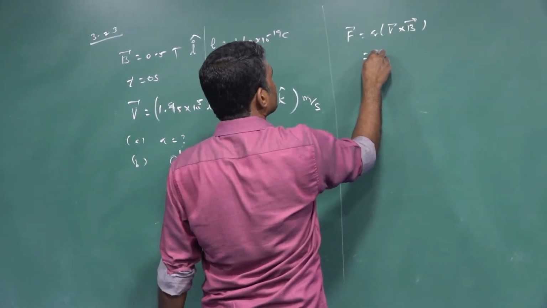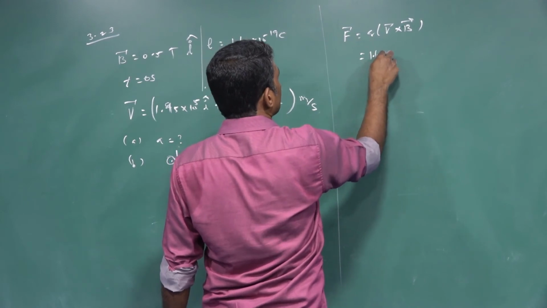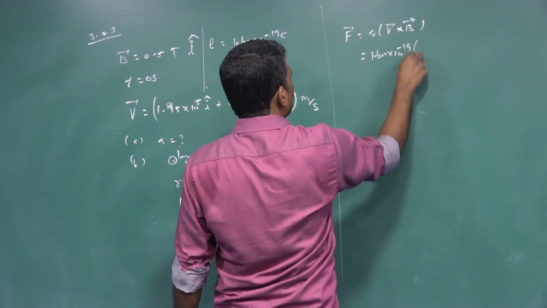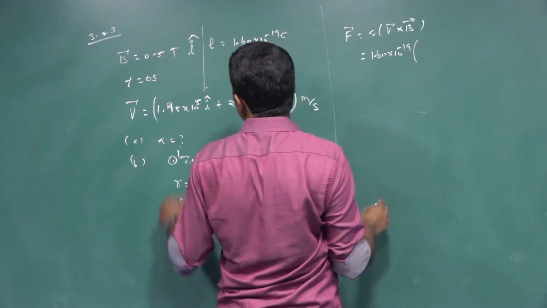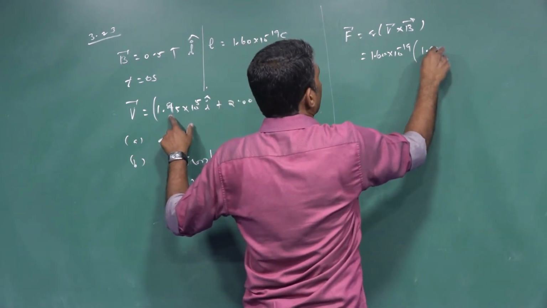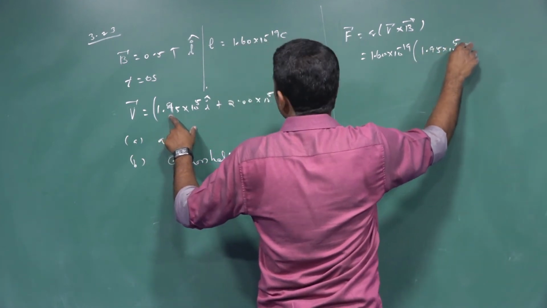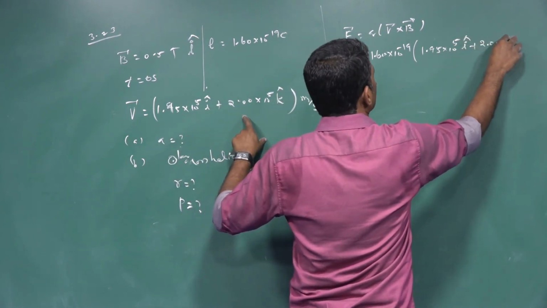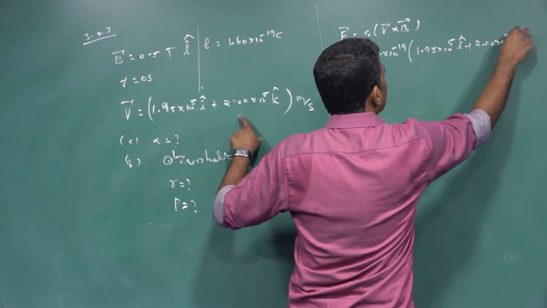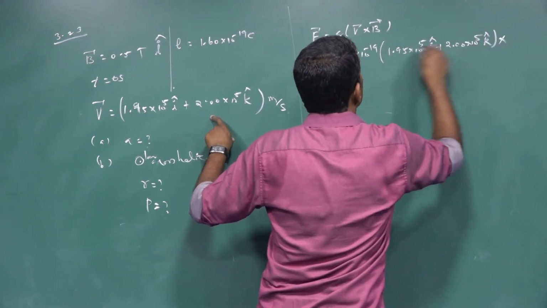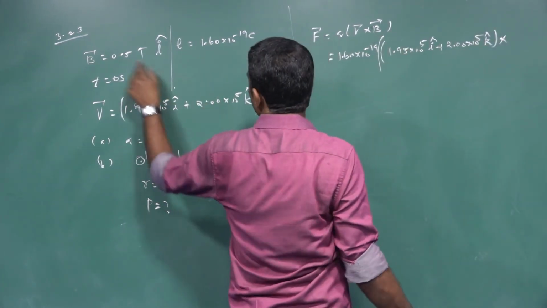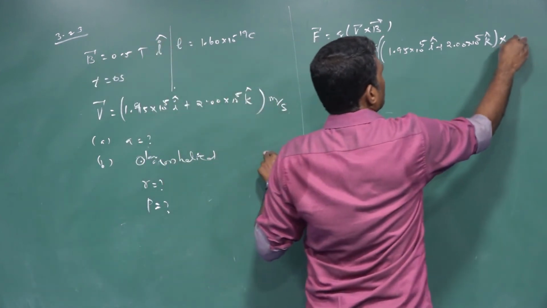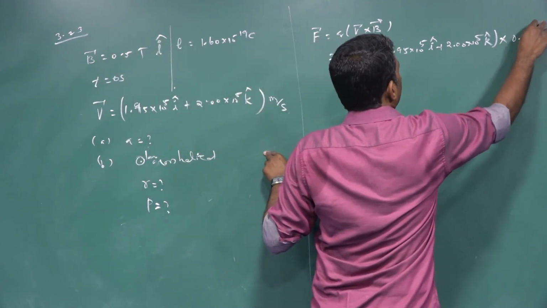Charge of the proton is 1.60 × 10^-19, into velocity of the charged particle, 1.95 × 10^5 i cap plus 2.00 × 10^5 k cap, cross B vector, which is 0.5 i cap.